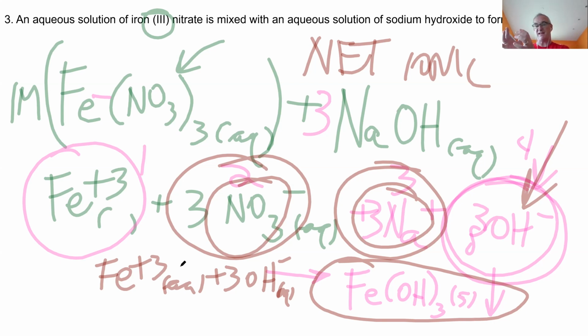Those are going to be your spectator ions, and you just cross those out to give the net ionic equation. And in the net ionic equation there should only be the two ions, the positive and the negative, that come together and form an insoluble compound and drop out as a solid. So your solid should be the only product. There shouldn't be any other products, no ionic products, okay?